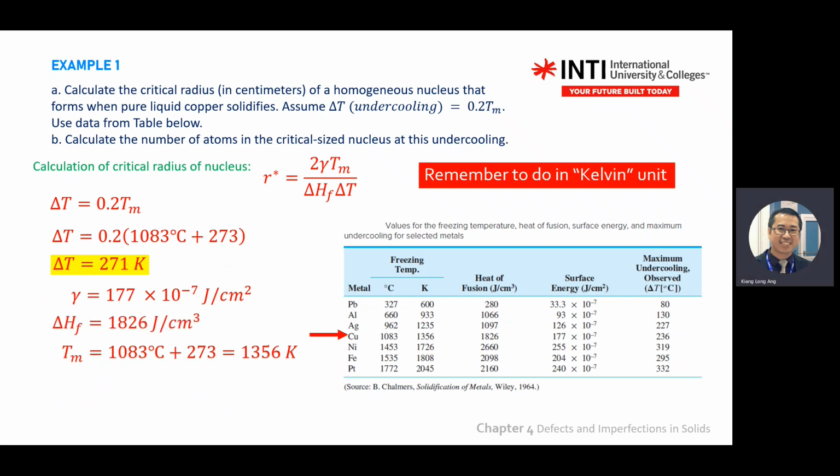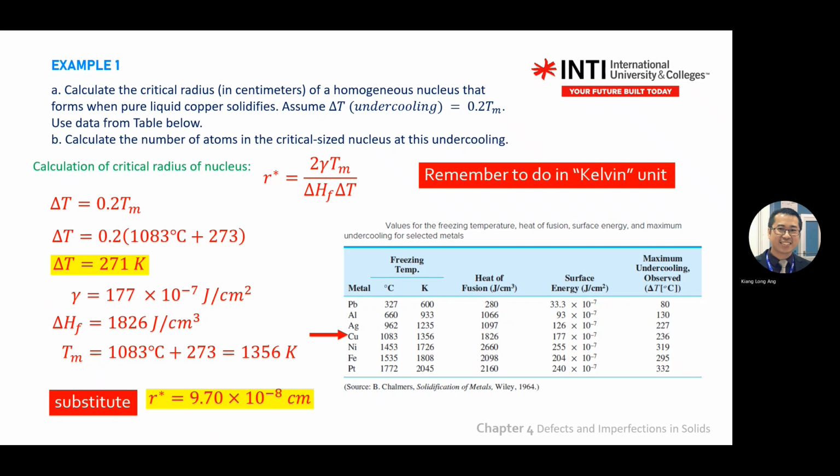Your delta H is 1826 joule per cm cubed. You substitute all the values and you will get R star equal to 9 point something times 10 to the power of negative 8 centimeter.